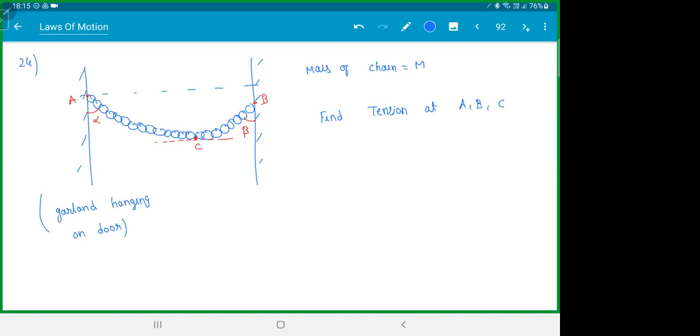C is the point where it is flat, where the chain is flat. Basically, the tangent is horizontal. Get this? If you put alpha equal to beta, both the heights will be the same.